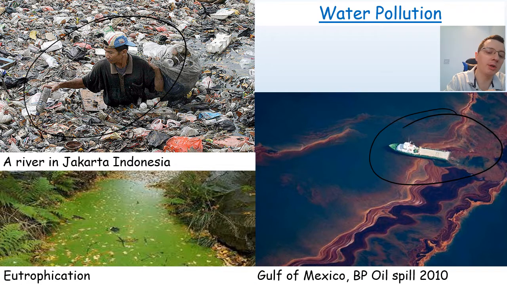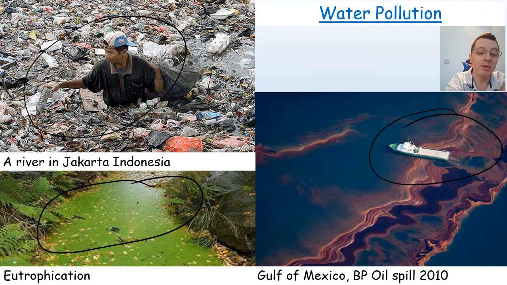But a more common kind of pollution that you see across the UK and in other parts of the world is shown here, and this is showing us eutrophication, where the oxygen levels in the waterway fall so low that there's only a small number of species that can survive in those incredibly low oxygen levels. So again, we have a great loss of biodiversity.